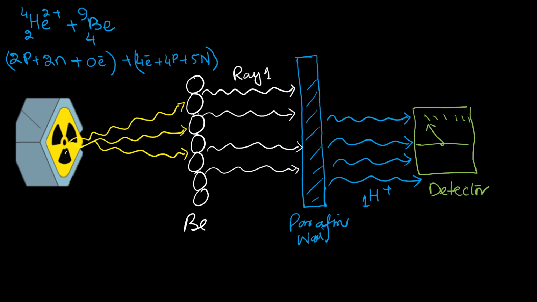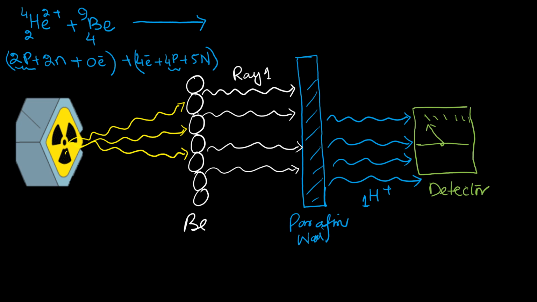So now when helium nuclei interact with beryllium, due to the interaction the 2 protons of helium combine with the 4 protons of beryllium, which means that the atomic number becomes 6.